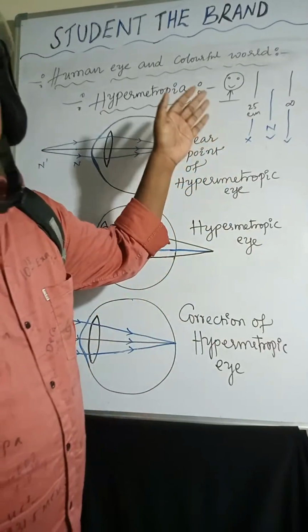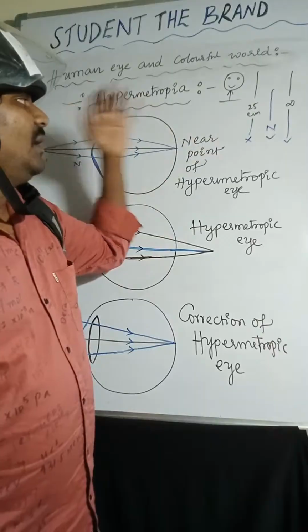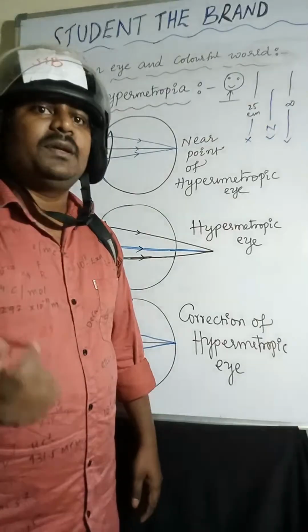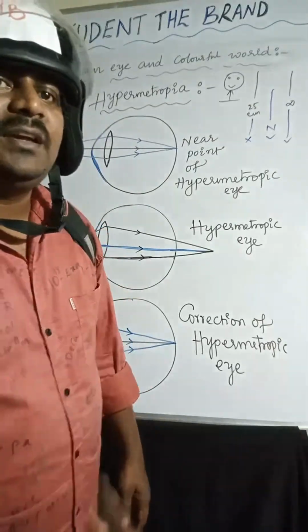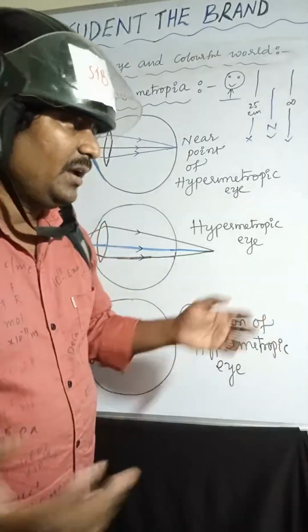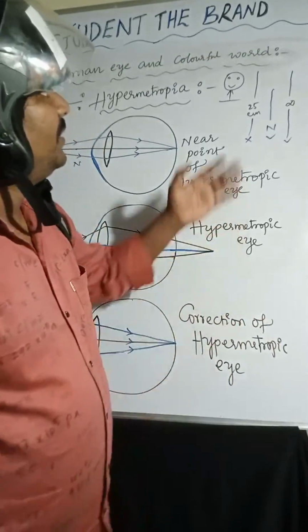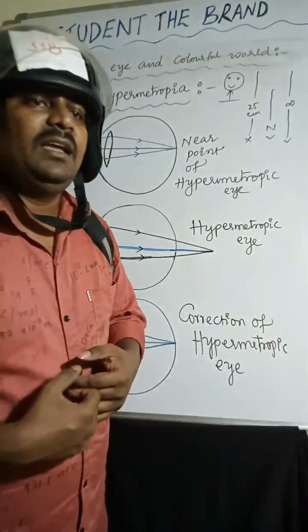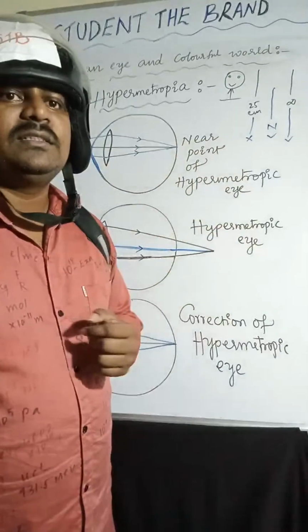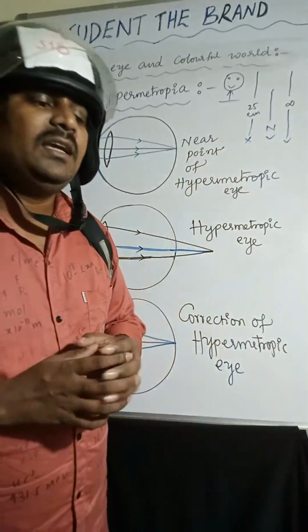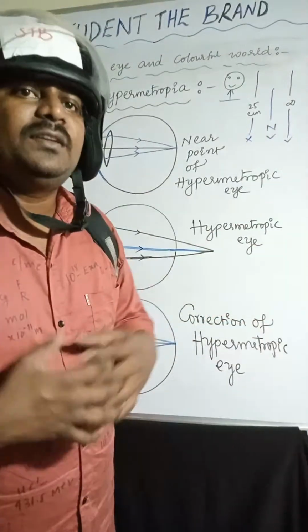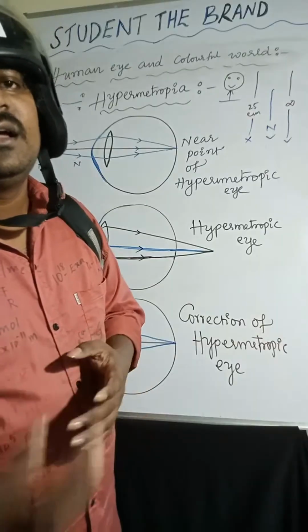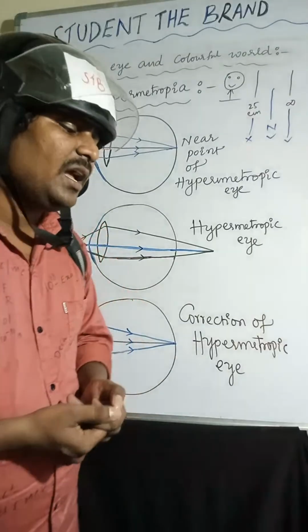As I said, hypermetropia. Far distance, we can see. Near distance, we can't see.